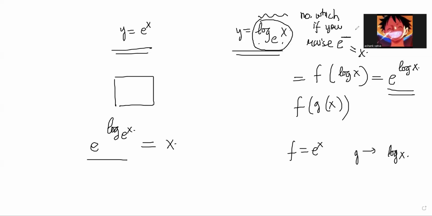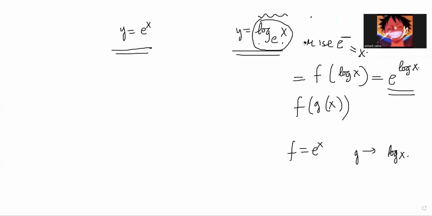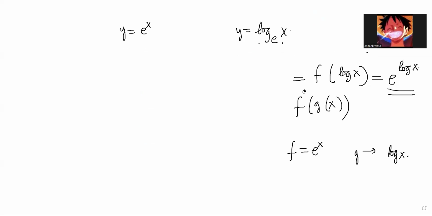If e power that number is taken, then you get x. So here what is happening? It is e power that number only. Do you understand? So they are inverse of each other, log x and e power x, right? And now I will prove for you how the derivative of log x is 1 by x.